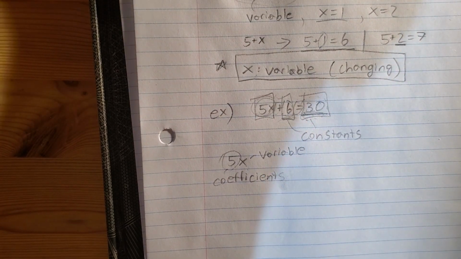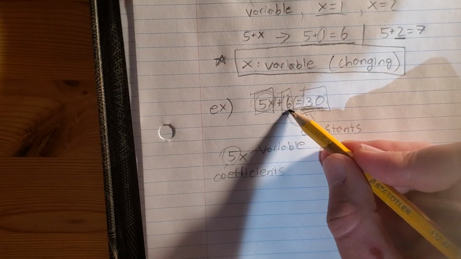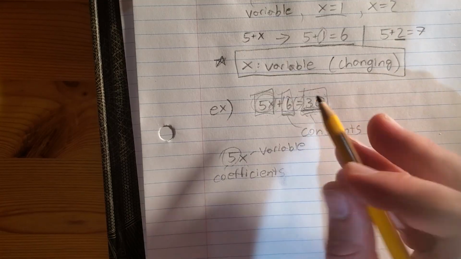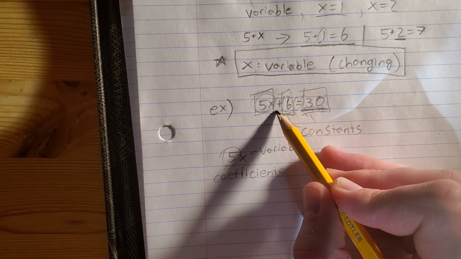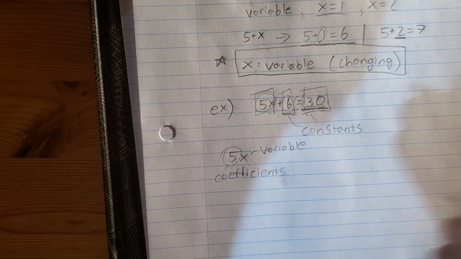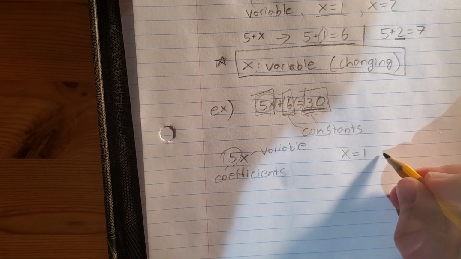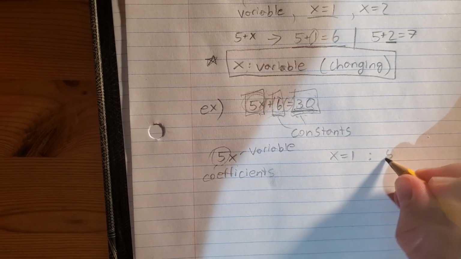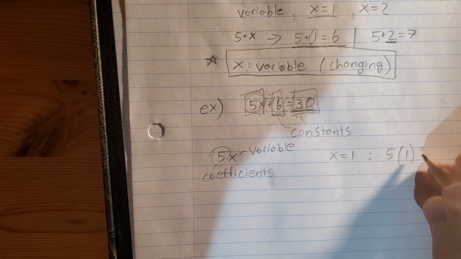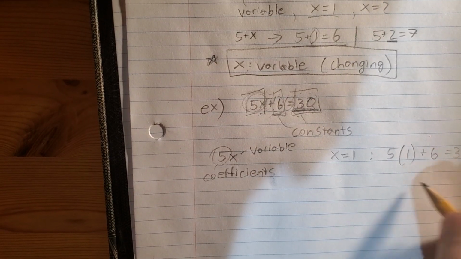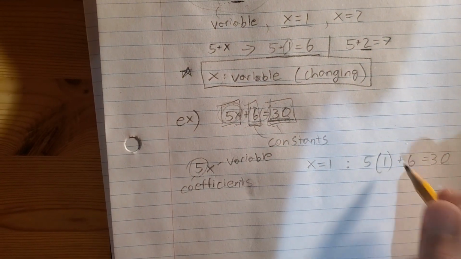Just a shorthand notation. This is a constant, it doesn't change. This is also a constant, it doesn't change. The x is a variable, it changes. We can let x equal 1. Say, for example, x equals 1. Therefore, we're going to have 5 multiplied by 1 plus 6 equals 30. Now, obviously, this isn't going to work out. This isn't correct.